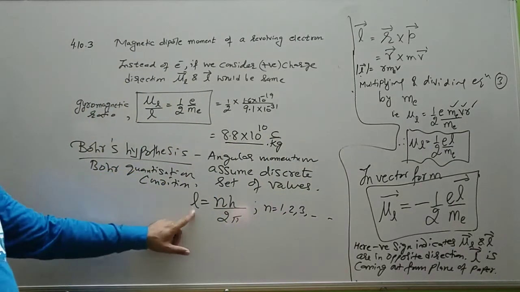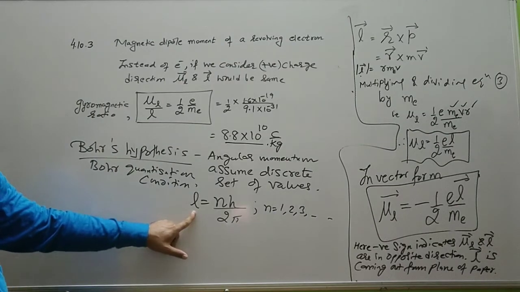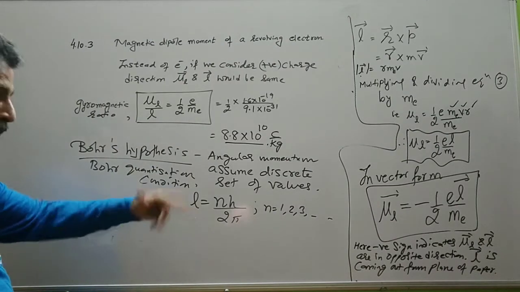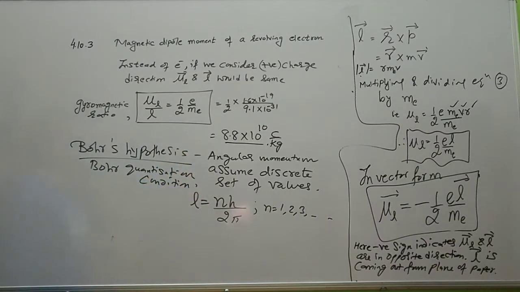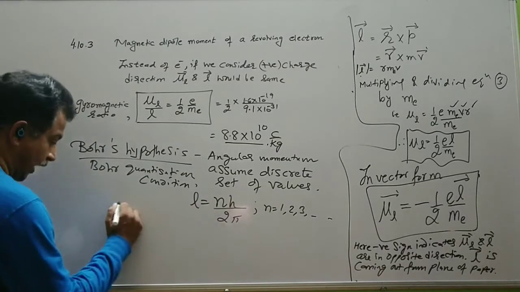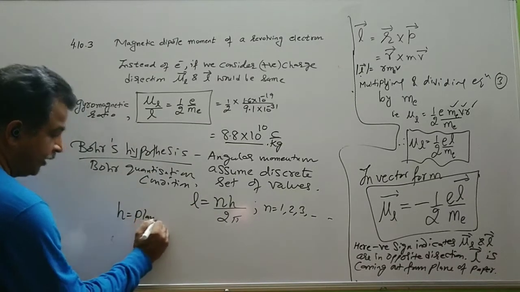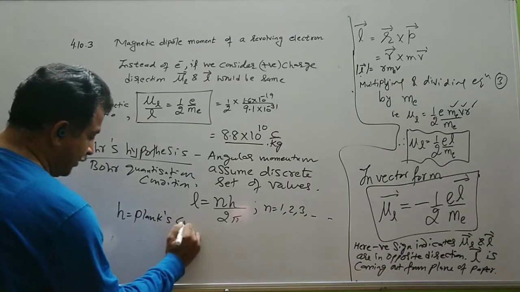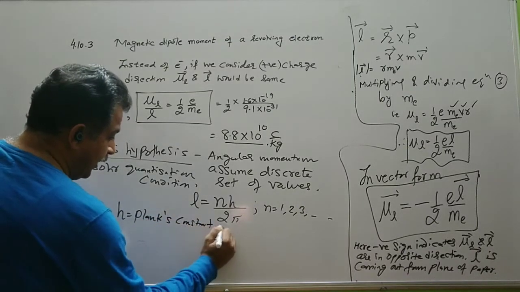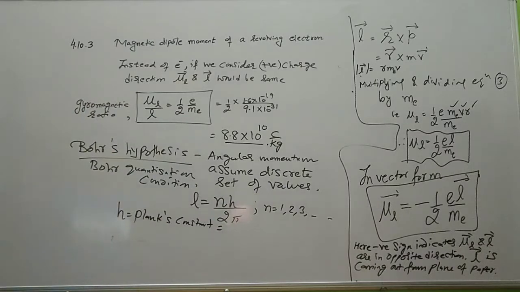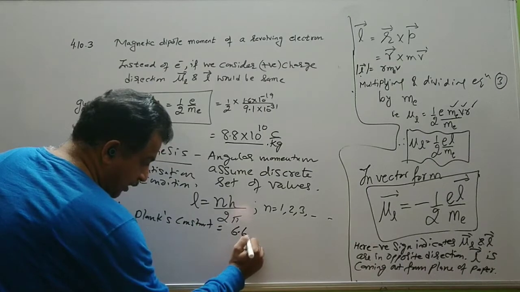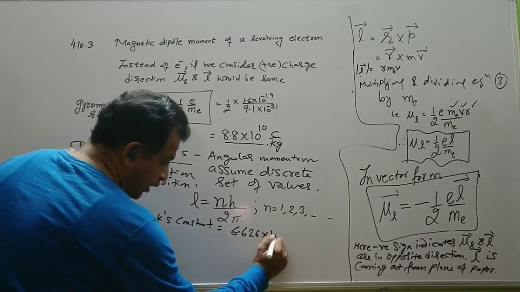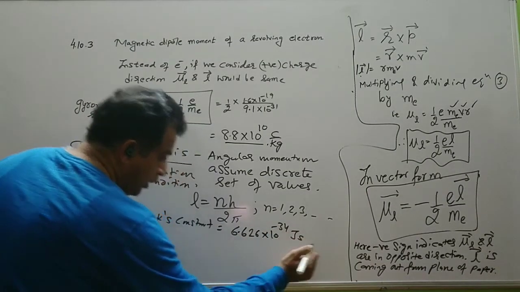This is the angular momentum any electron will assume, depending on which orbit it is revolving in. And h, we know, is the Planck's constant. Here L is the angular momentum, and the Planck's constant is 6.626 into 10 raised to minus 34 joule second.